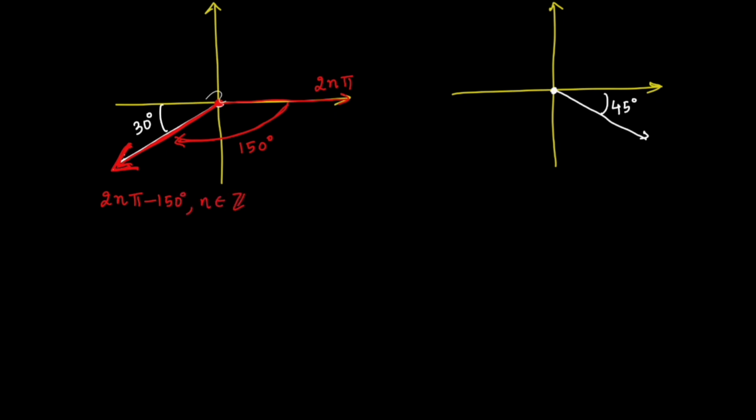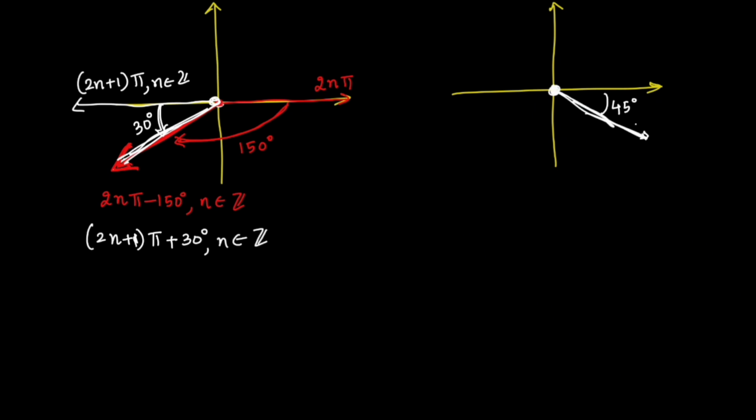Otherwise we can say, first we reach the negative x-axis, that is 2n plus 1 pi, an odd multiple of pi. From there we go anti-clockwise 30 degrees. So we can also write all angles having this terminal position in the form of 2n plus 1 pi plus 30 degrees.